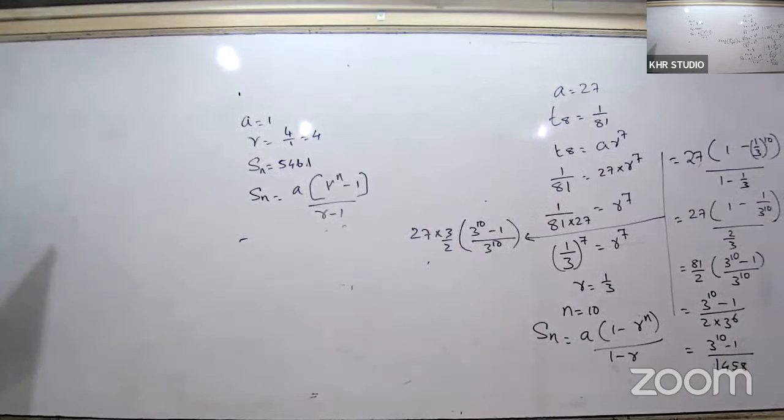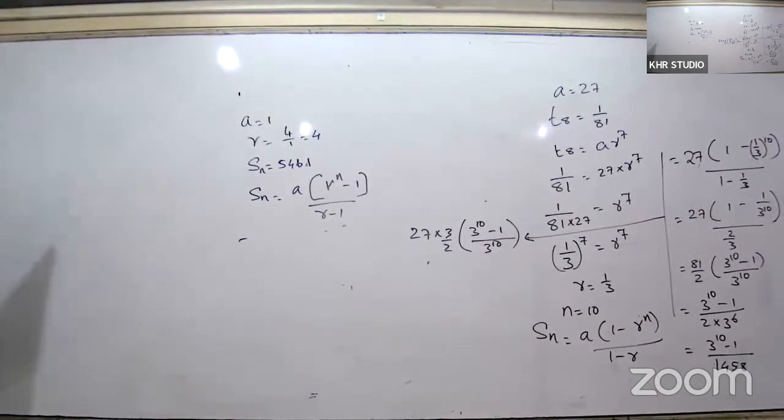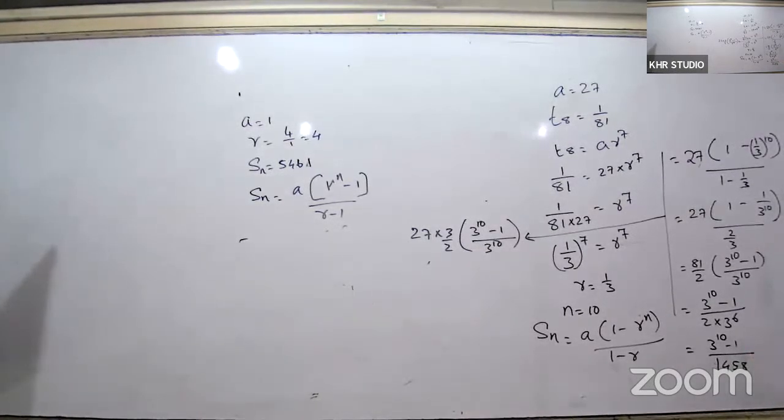If you want 3 raised to 10 or 6, you find out. 3 raised to 6 you got now, 729, into 3 raised to 4, which is 81. 729 into 81, that is one multiplication. You have to simplify, one multiplication only. You can do it if you want. Okay, leave it.